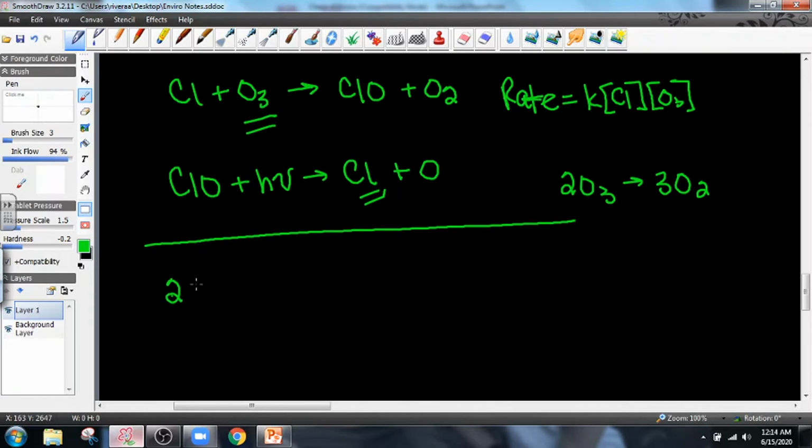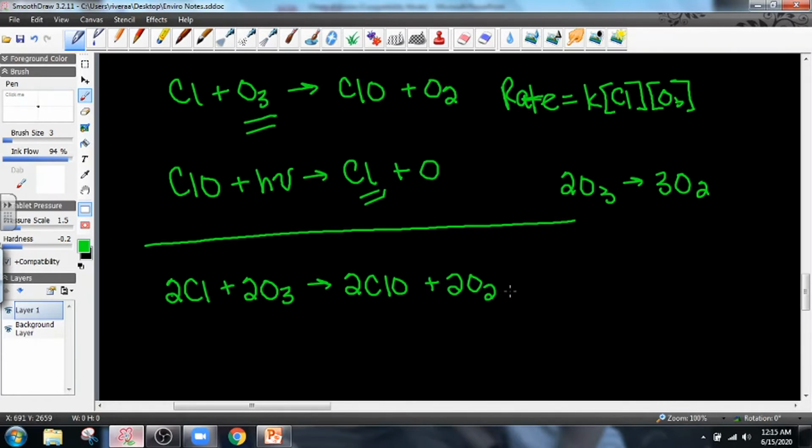Let's say you have 2 chlorine atoms from the decomposition of 2 of those CFCs. Those 2 chlorine atoms will then go on to hit 2 ozone molecules to make 2 ClO molecules and 2 oxygens.